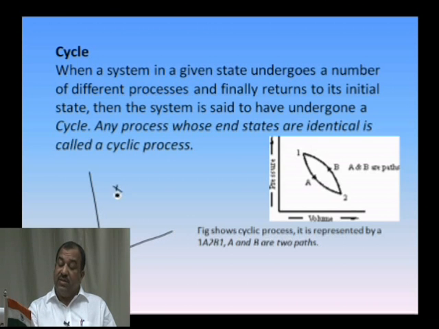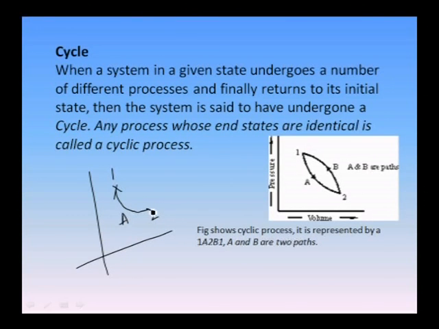The system is at this particular point 1. Now, its change of state is occurring through path A and the state is 2 now. Now, it comes back to state 1 through path B. We call this a cyclic process.